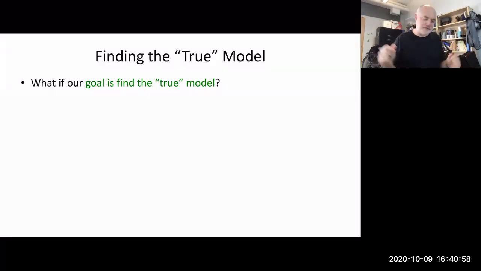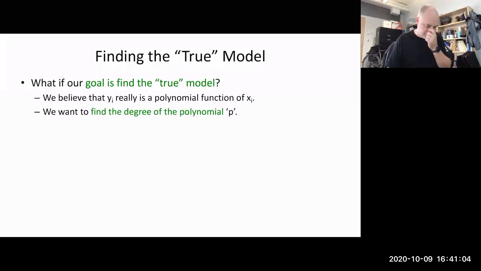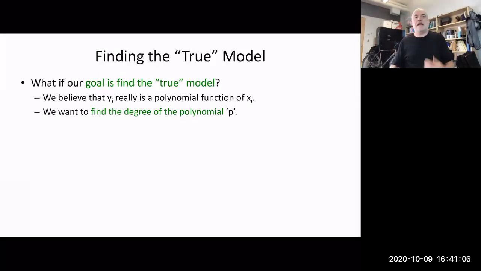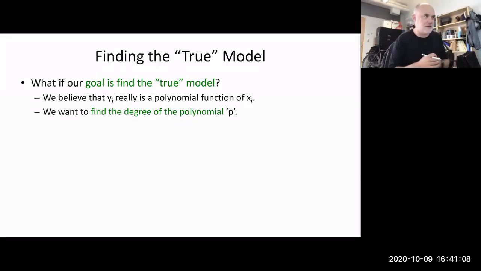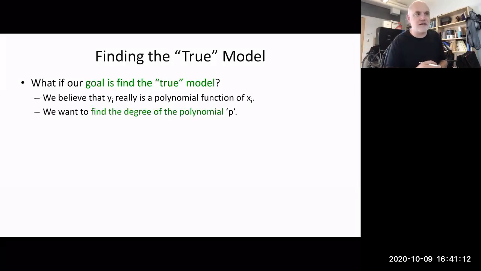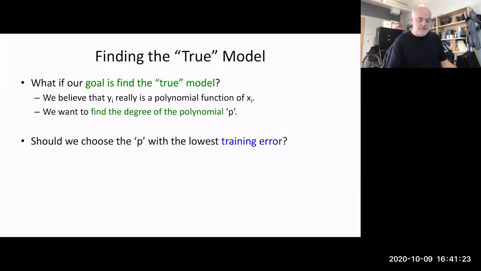There are the laws of nature, Newtonian laws of nature. So what if our goal is to find such a true model? In our class, we're going to believe that our output is actually really a polynomial function of our input, x, and what we want to do is find the degree of the polynomial.